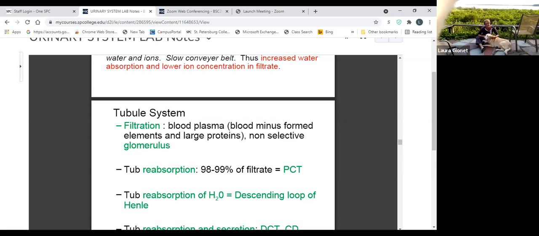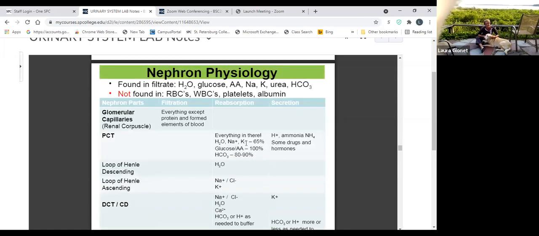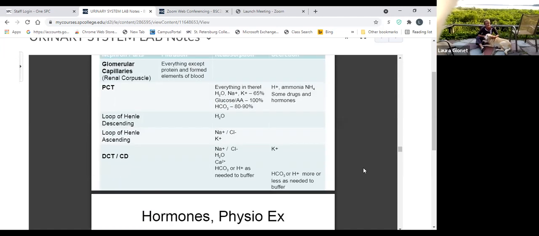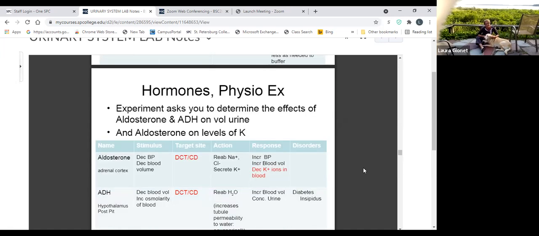Let's see, we can go ahead and read through that. This starts to enter into the chart that I had included in the lessons that we just covered. Apply those to the parts of the models, and parts of the nephron, or maybe even the cardiovascular or the blood pathway through the kidneys.